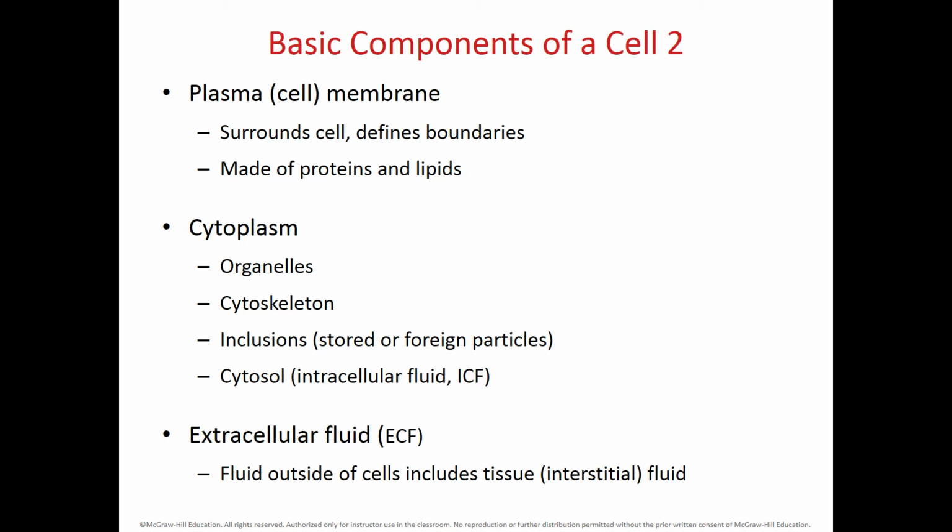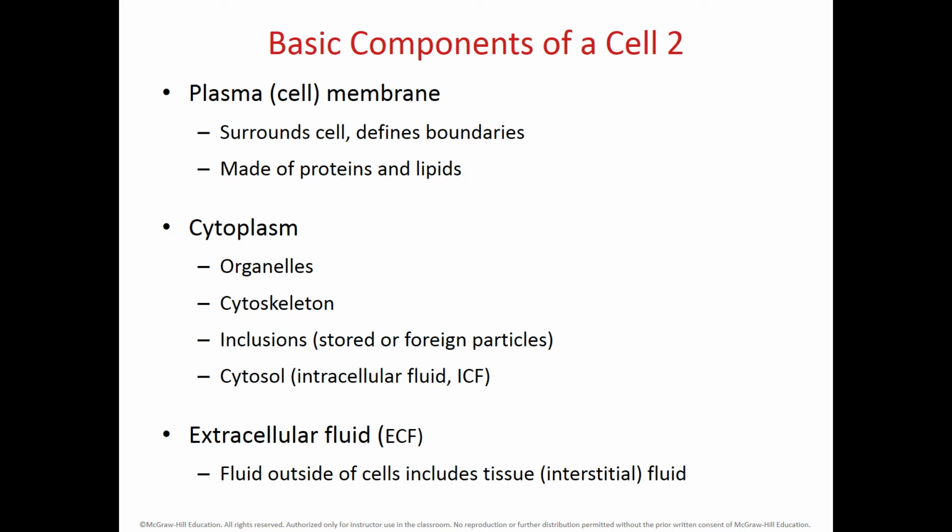The cytoplasm is a fluid that is located inside the cell, and within this fluid you have several components of the cells, like organelles or little organs, and the cytoskeleton, which is made out of proteins that give structural support to the cells and also give shape to the cells. And also you can have several spheroid-looking structures that are called inclusions.